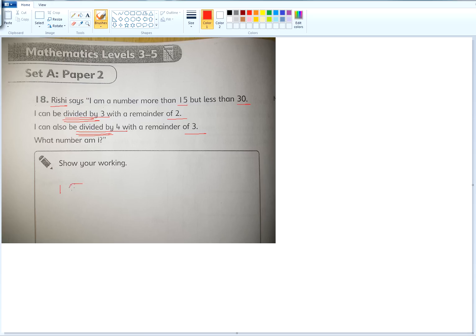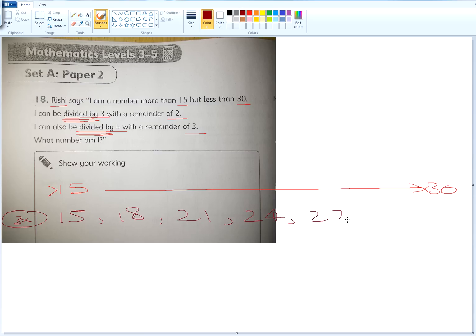Let's start off with the number 15, and we're going to go all the way to the number 30. Now it's got to be more than 15, and it's got to be less than 30. Think about the 3 times tables starting from 15: 15, 18, 21, 24, 27, 30.